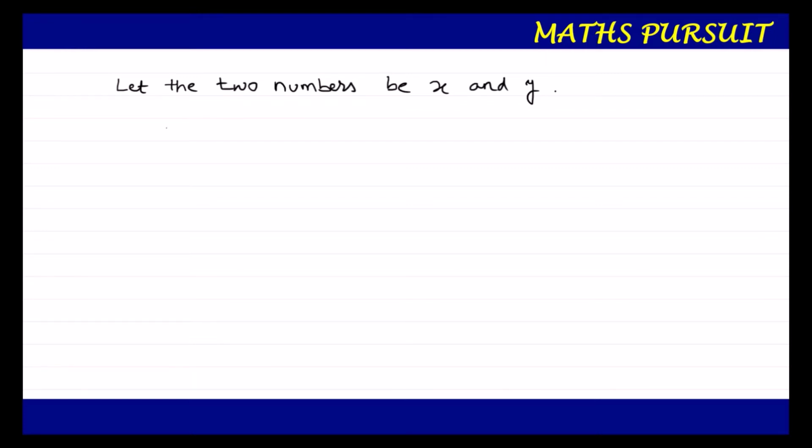That means I can write x plus y is equal to 18. Or I can write y is equal to 18 minus x. Let us number this as equation number 1. Hope guys you understood why I considered y is equal to 18 minus x. We got x plus y is equal to 18, and from that I derived y is equal to 18 minus x.